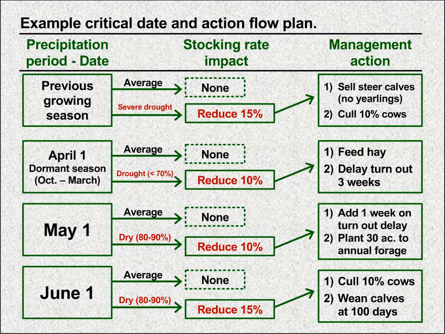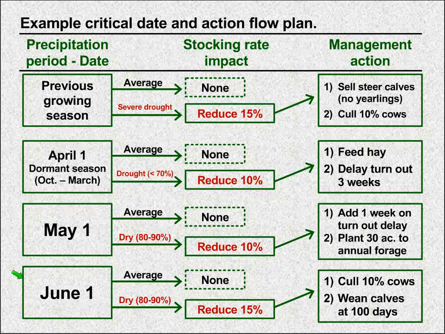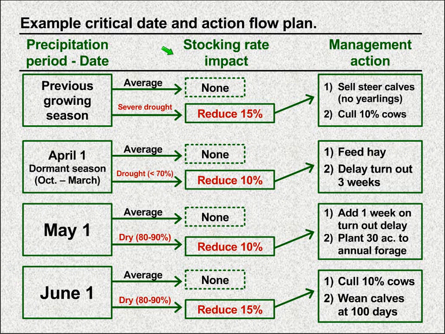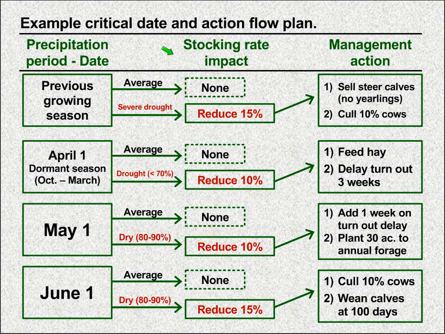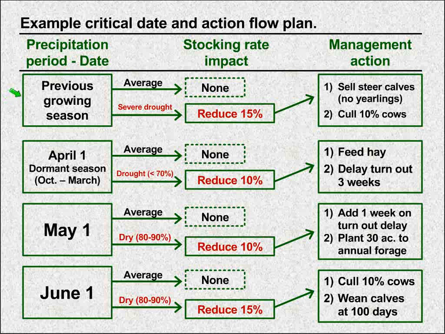Now, again, these are just hypothetical, and for that middle column, the stocking rate impact, some people might use something similar to this rather than stocking rate. They might talk about pasture growth or pounds per acre, but I like to use just what it's doing, stocking rate.